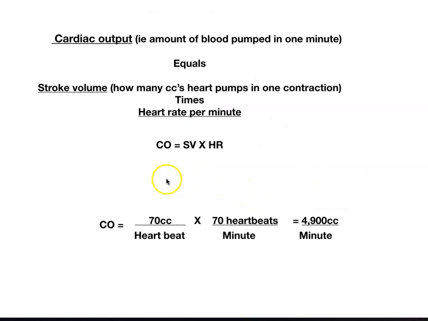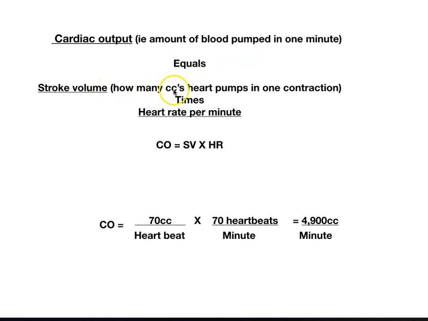And I want to show you this. Now you may want to write this down. Cardiac output. What is cardiac output? Cardiac output is the amount of blood pumped by the heart in 1 minute. How much blood is the heart able to pump in 1 minute? Well, cardiac output is equal to the stroke volume.